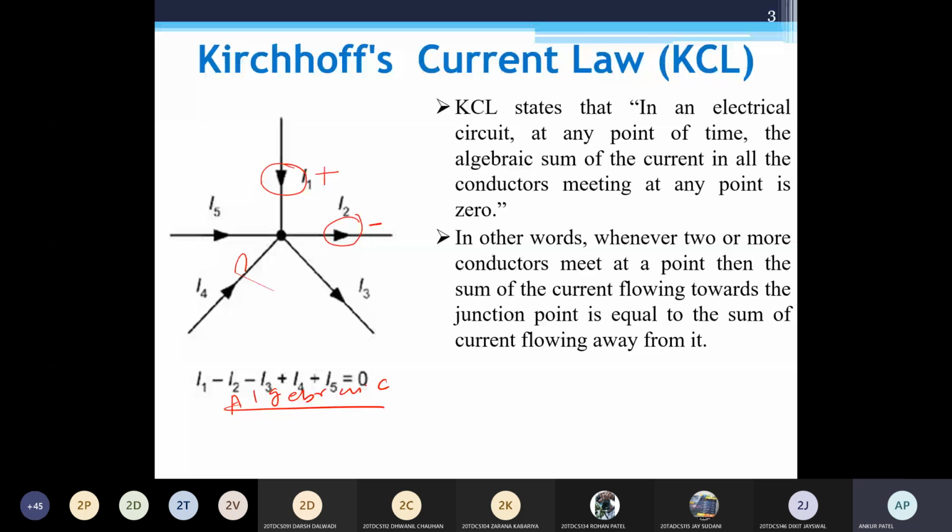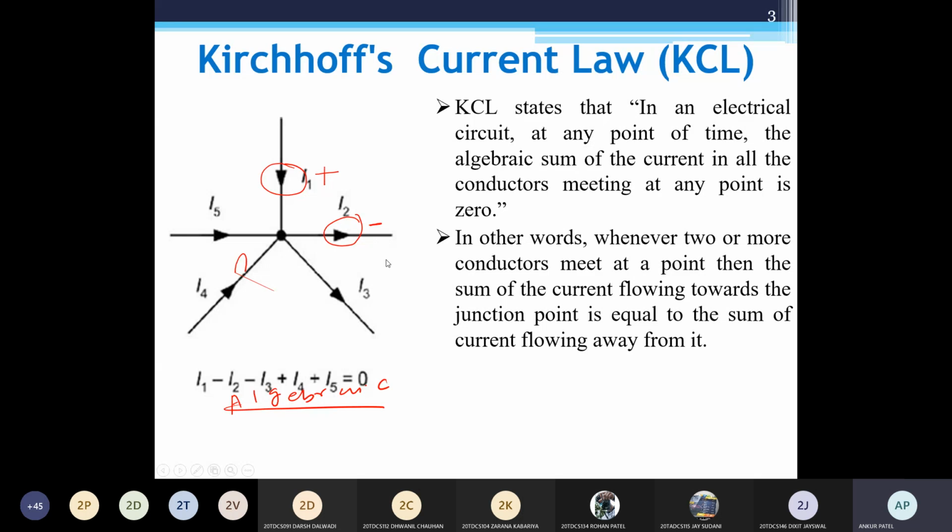In any closed path of a circuit, the algebraic sum of all the currents meeting at a junction is zero. In other words, the sum of entering current equals the sum of leaving current at a node. So this is KCL.